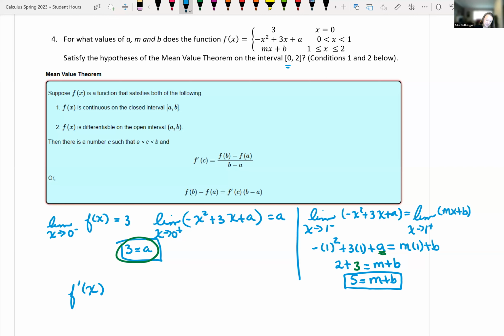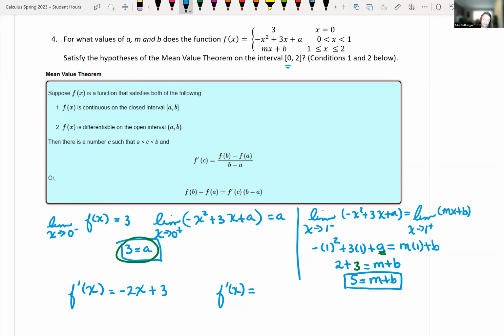The derivative of negative x squared is negative 2x, plus the derivative of 3x is 3, plus the derivative of that constant a is 0. That must be the same as if we took the derivative of the third equation when we evaluate that at x equals 1.